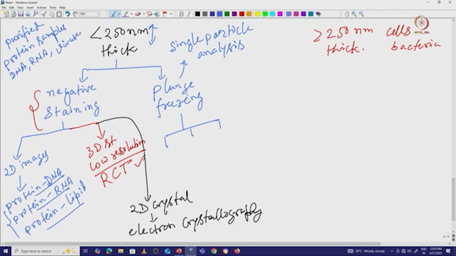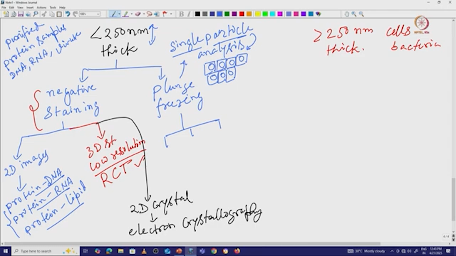What is required? We need isolated single molecules, single biomolecules, which we can separate properly. If they overlap with each other or aggregate, single particle analysis is not going to work. That is why it is called single particle analysis. So, single molecules are required.